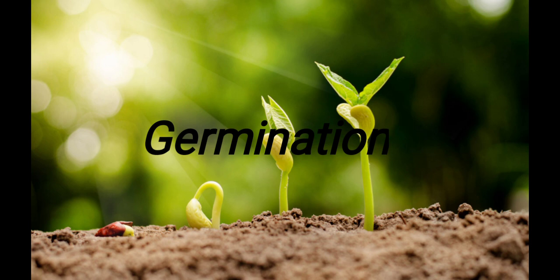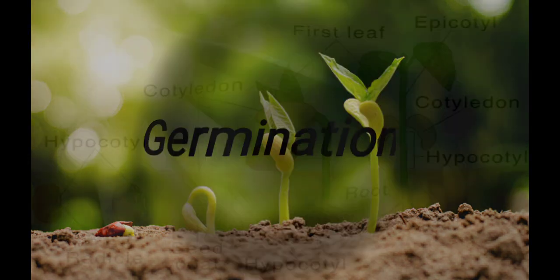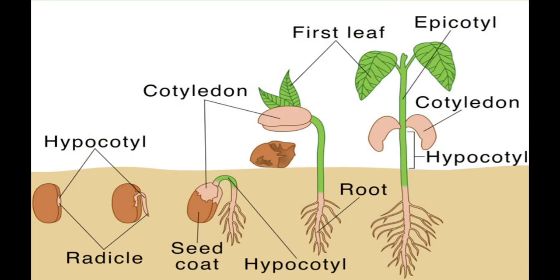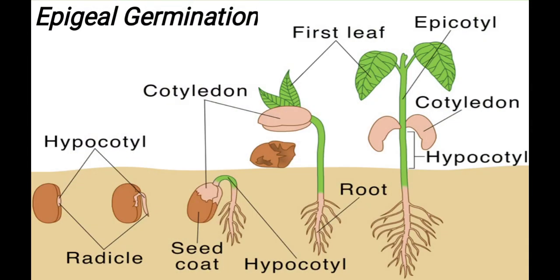Food reserves for the germination come from the cotyledons or the endosperm tissue within the cell. There are two types of germination. Number 1, epigeal germination. Epigeal germination is the type of germination in which the cotyledons come out of the soil.